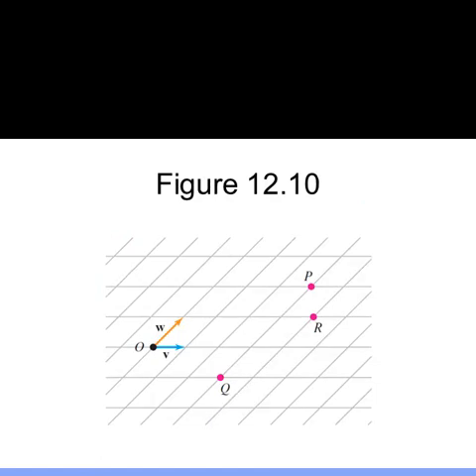This is the picture that they're showing us, figure 12.10. Now, for part A, they want us to find OP, the vector that goes from O to P. Now, O is right here. So the vector that goes from O to P would be this one here. Now, you can think about taking vector v and multiplying it by 3.